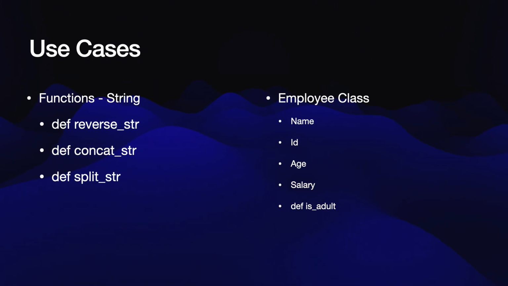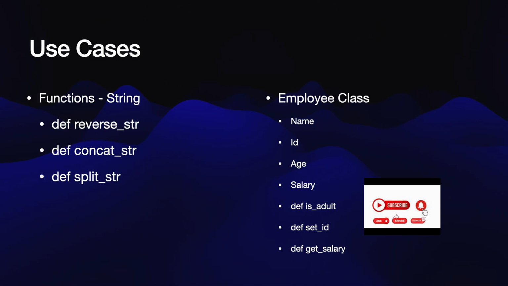Then we'll create another function to set the ID, which will set the employee ID. Then another function to get the employee salary. This employee salary, we'll assume we get from some external server.